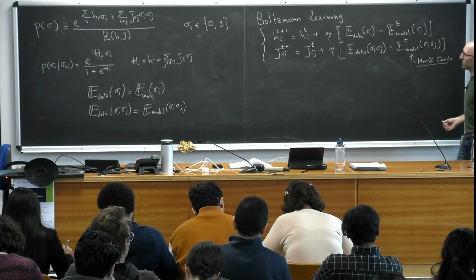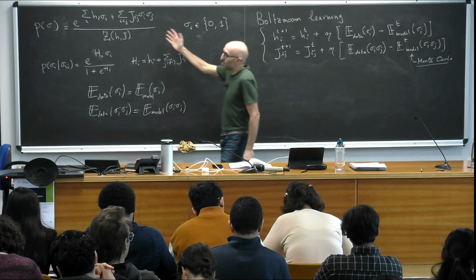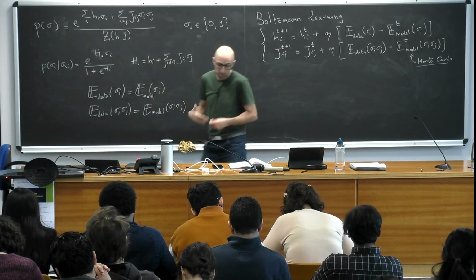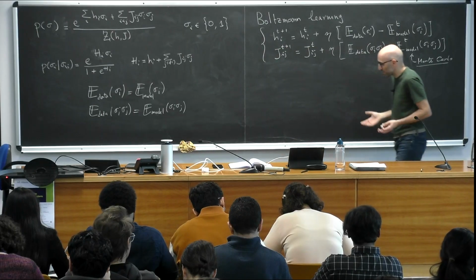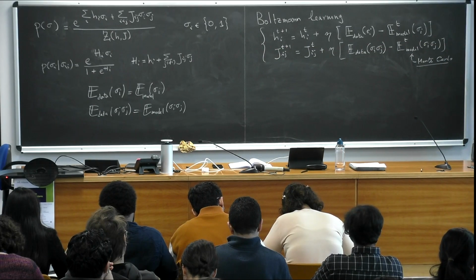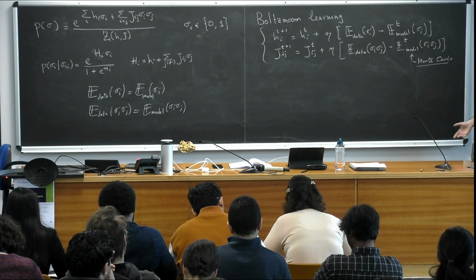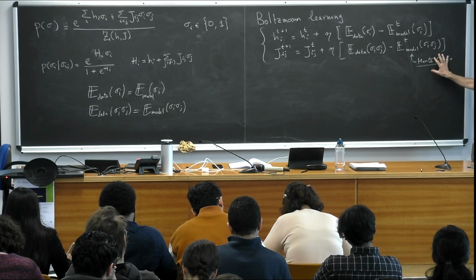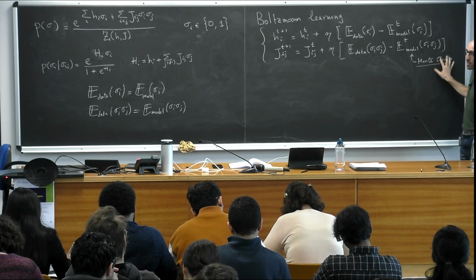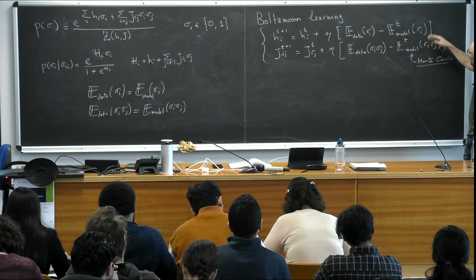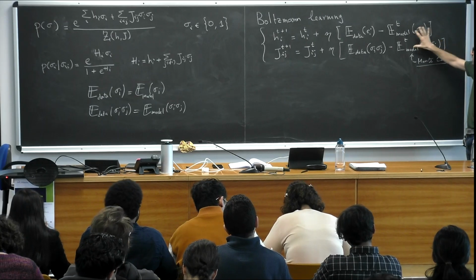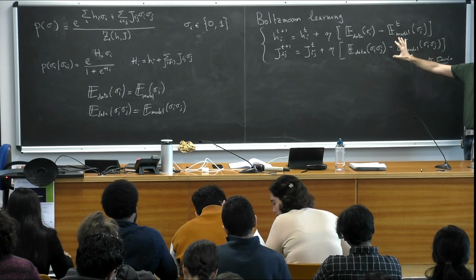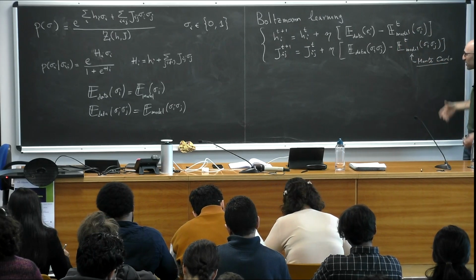And here you have a disordered Ising model, so you know that when you do Monte Carlo in a disordered system, you can have convergence problems of the Monte Carlo. So the Monte Carlo can be slow, and this can take time. And if you're not careful enough, you have bad estimates of your expectations in the model, and the Boltzmann learning has convergence problems.